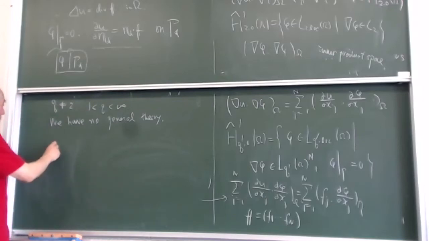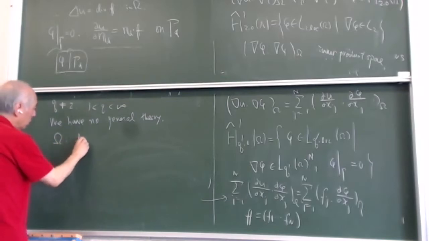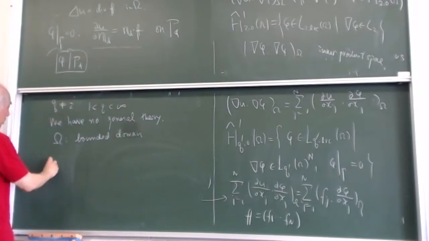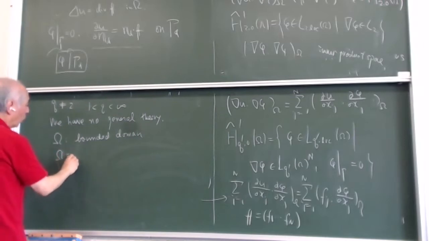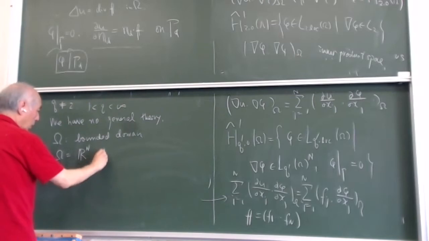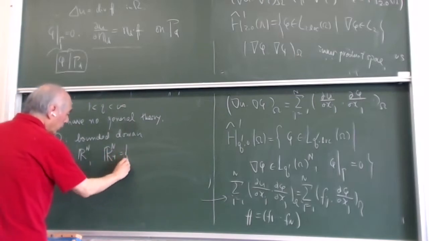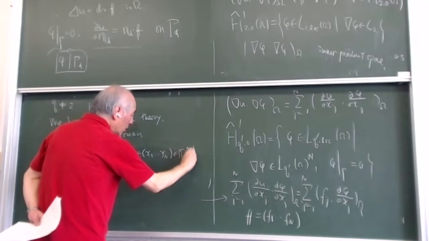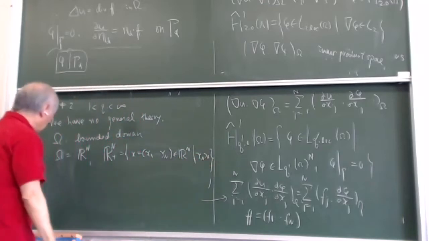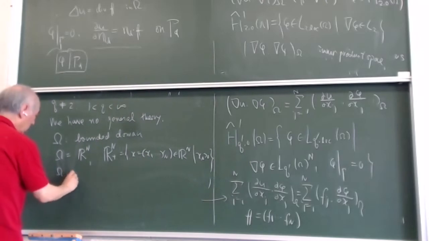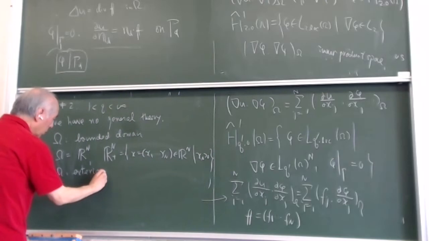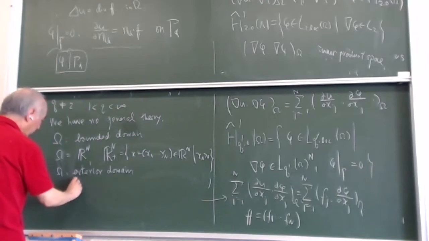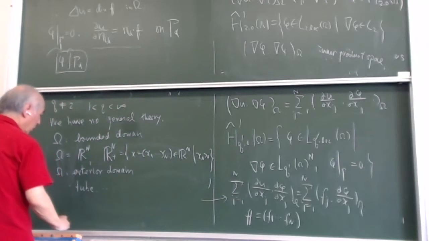For example, when Omega is a bounded domain, or half space, of course R^n, or exterior domain, or tube, or layer.